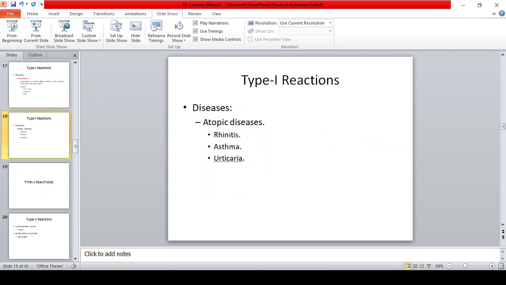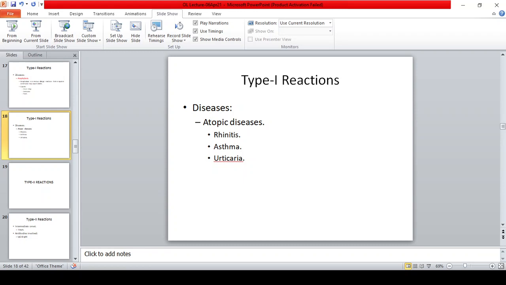Other diseases in which type 1 reactions are operating include the atopic diseases like rhinitis. Rhinitis means the inflammation of the nasal membrane. So these persons develop runny nose, sneezing during the spring weather when there are pollens around, asthma, and urticaria.